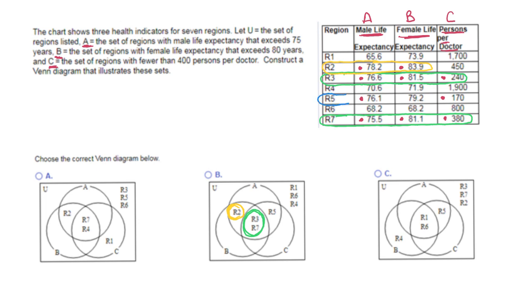R5 is going to be set A and set C. This is set A and set C that has those little dots. So R5 would be the intersection of set A and set C, which also is the case right here. So for this one, our Venn diagram that we would choose is the second one, B.